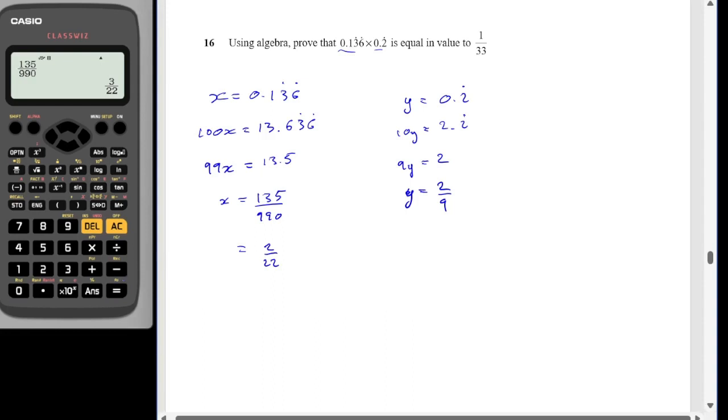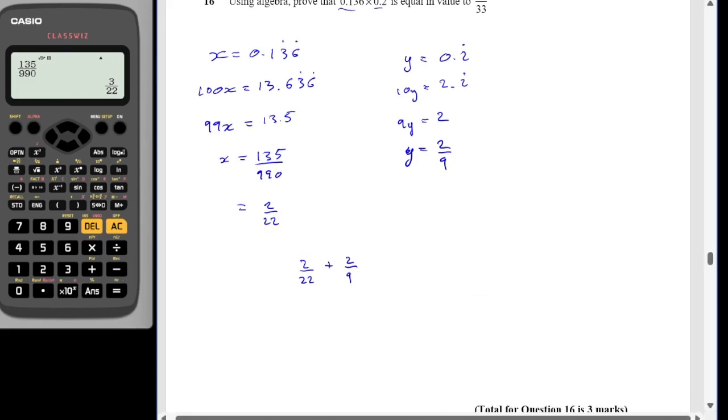And then I now need to do 2 out of 22 plus 2 out of 9. So I'm looking for the lowest common multiple of 22 and 9.